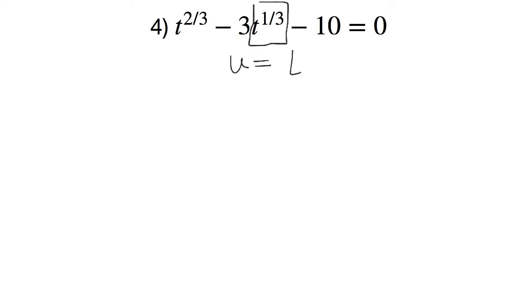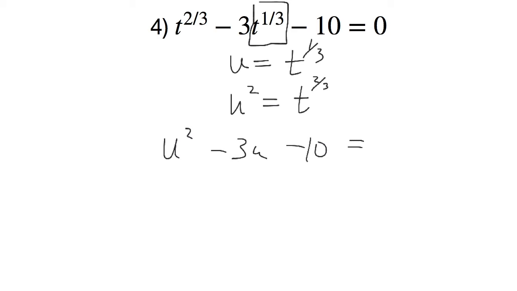Here, the variable part of the b term is t to the 1/3, so that's what u is going to equal. When you square it, you get t to the 2/3. That's 1/3 times 2. Making our u substitutions, u squared minus 3u minus 10 is equal to 0, which you can factor.